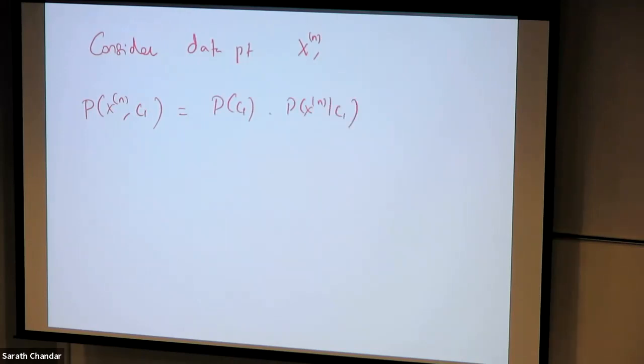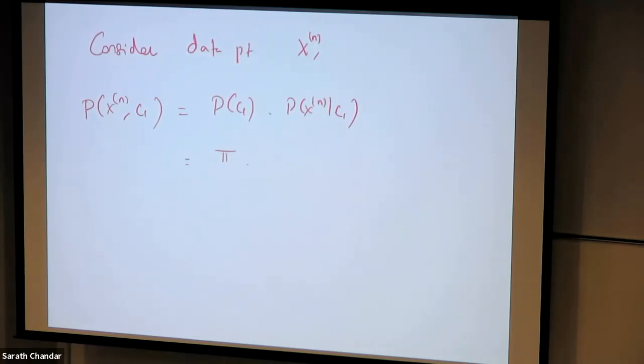It is just the chain rule: P of x, comma, C is P of C multiplied by P of x given C. Now, P of C1 is given by pi, multiplied by the probability of xn given C1, which is the class conditional density for class 1.